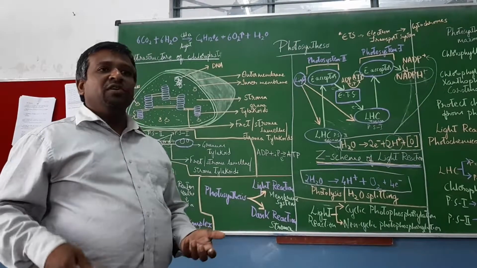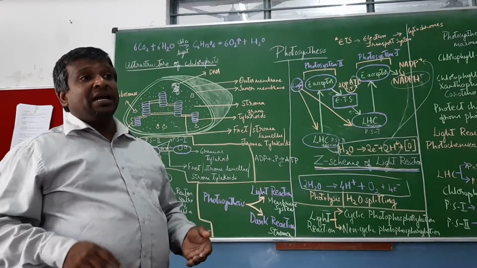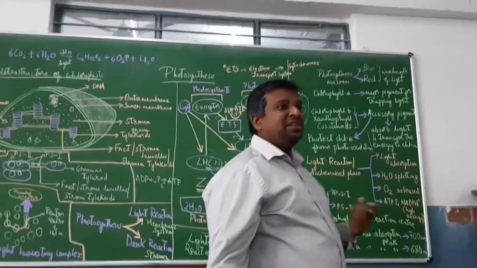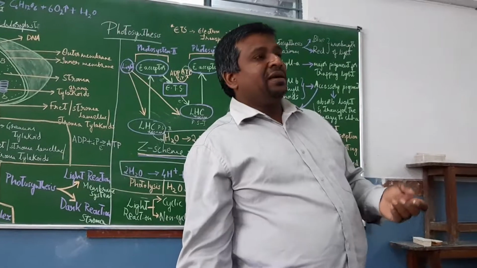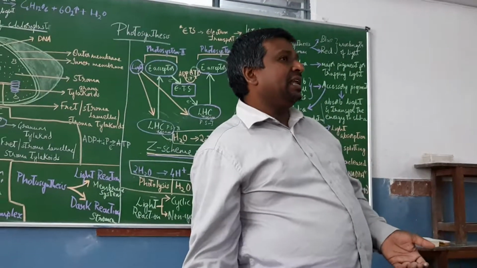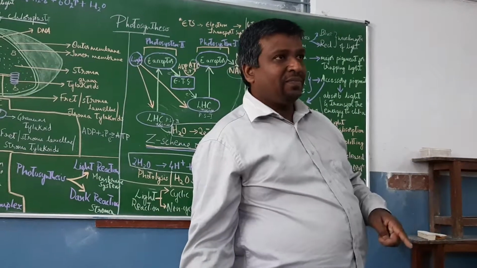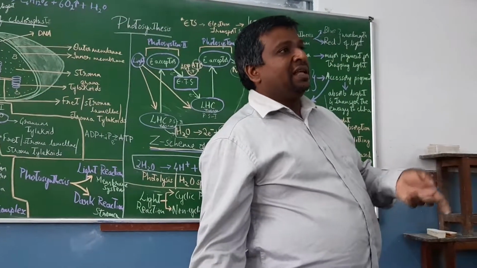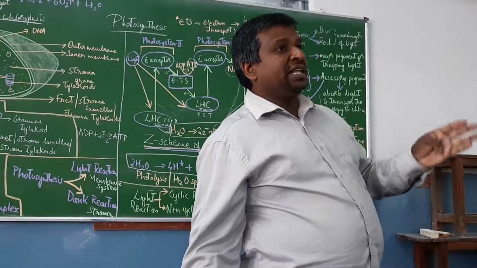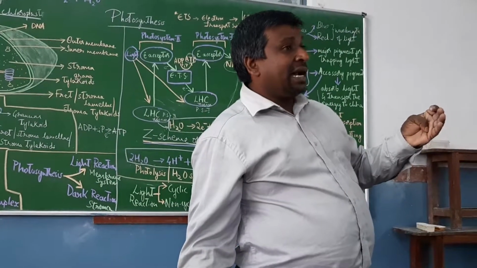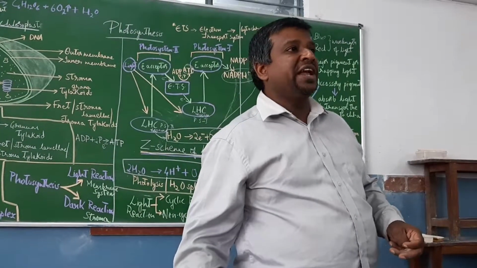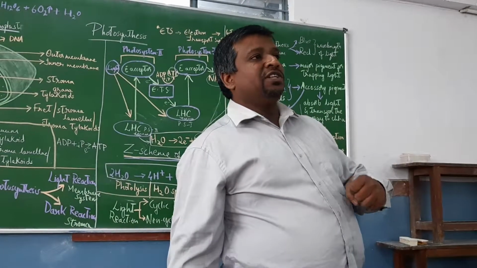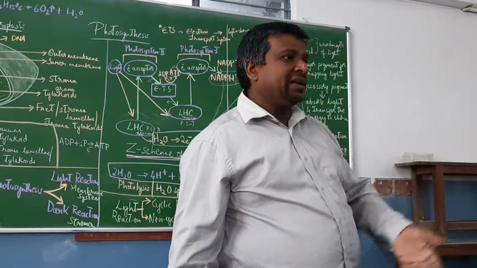After that we will discuss the dark reaction, also called the Calvin-Benson cycle, C3 cycle. After the C3 cycle we have one more, the C4 cycle, Hatch and Slack pathway, and photorespiration. Last would be factors affecting the rate of photosynthesis. Okay, these are the things we will be discussing in the coming classes.